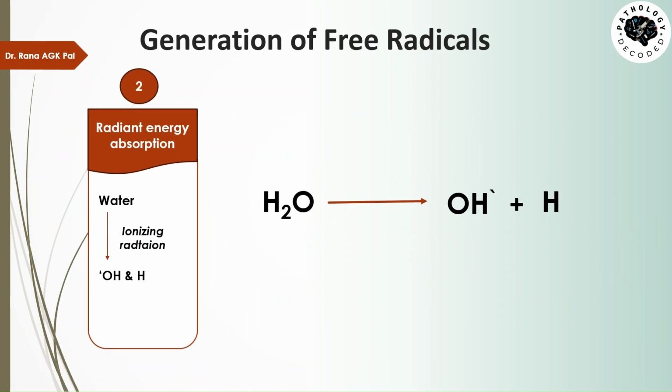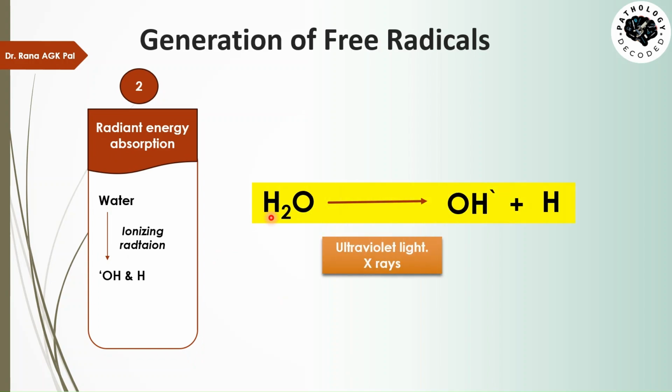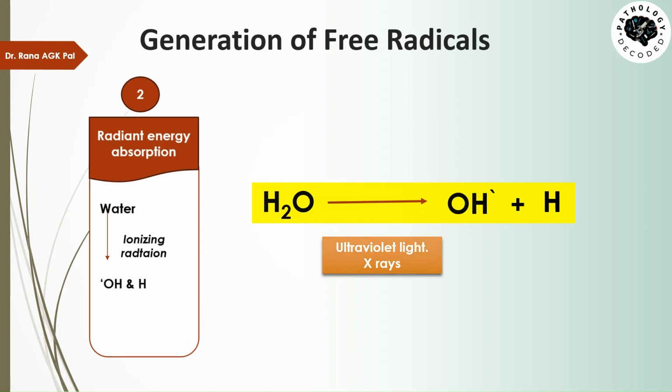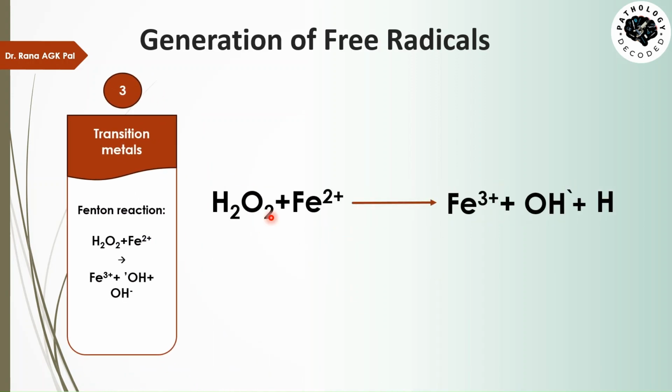Then we have generation of hydroxyl ions from water in the presence of ionizing radiations and ultraviolet rays. Third, we have free radical generation by Fenton reaction, in which there is formation of hydroxyl ion during the transfer of electron between hydrogen peroxide and iron.